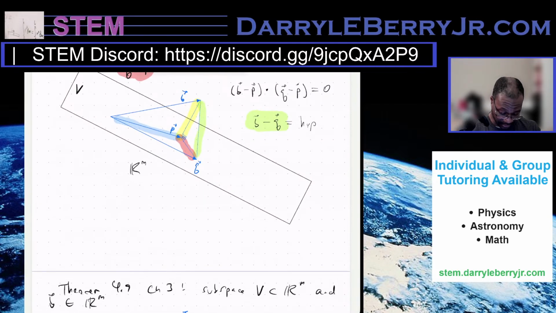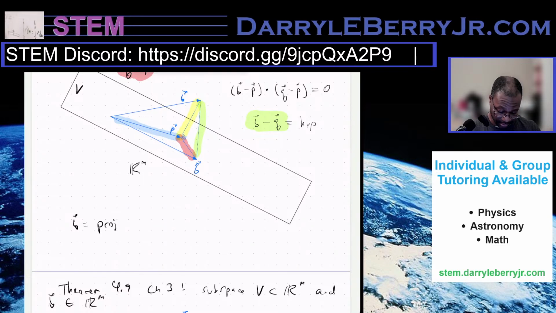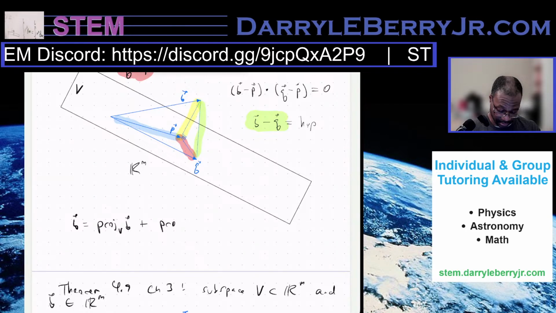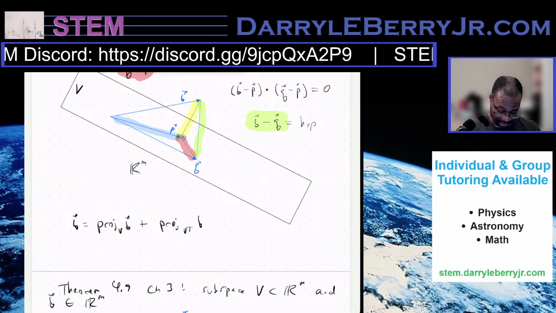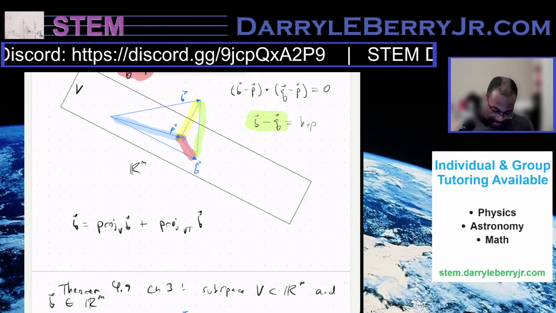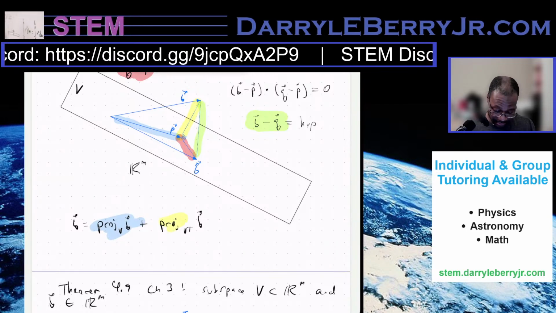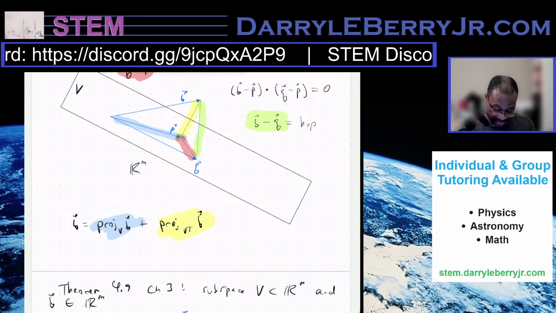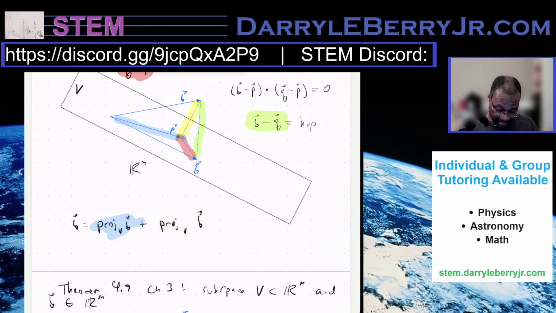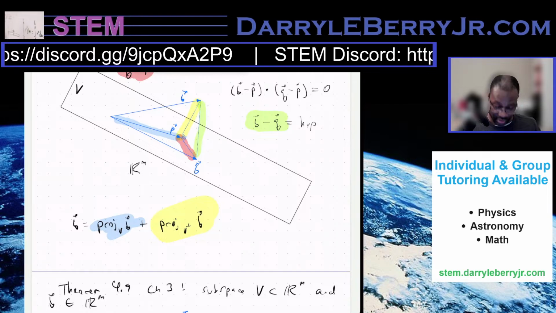So all that to say that B equals the projection onto V of B plus the projection onto V perpendicular of B. So basically what it's saying is B is the blue plus the yellow: the projection onto V of B and the projection onto V perpendicular of B. Simple enough.